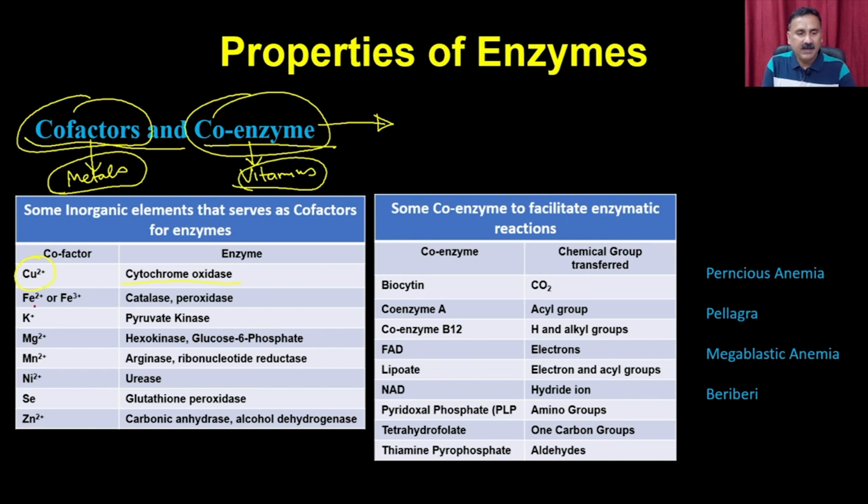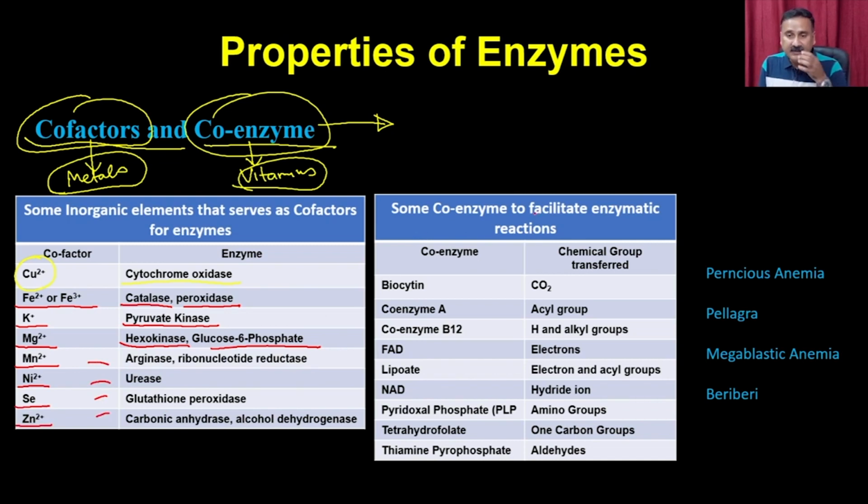Then we have iron. Iron is present in catalase as well as peroxidase. Then we have potassium, which is present in pyruvate kinase. Then we have magnesium, which is present in hexokinase and glucose 6 phosphatase. We have manganese, nickel, selenium, zinc. All these are present in different types of enzymes.